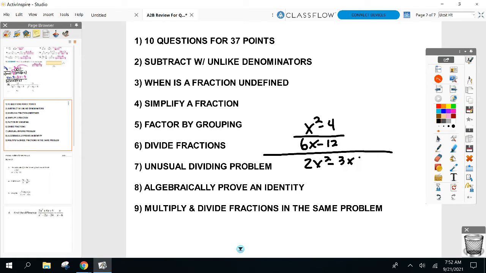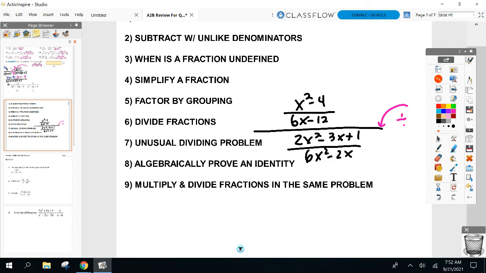I'm making this up off the top of my head just to give you the feeling for it. What's this the same thing as? The division sign, right? So you change this to multiplication and do what with this one? Flip the bottom one.